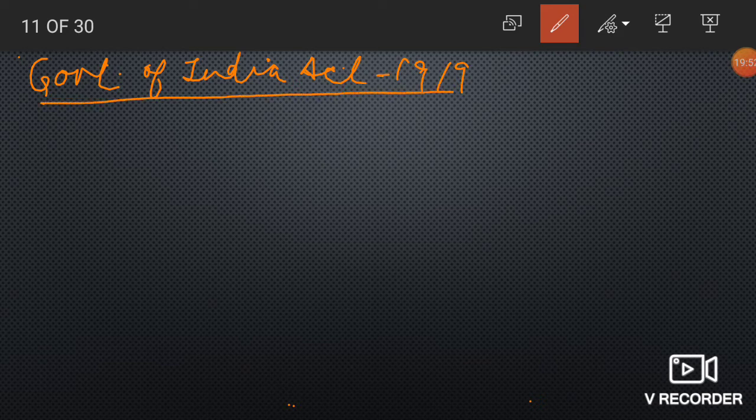We are discussing the historical background for the making of the constitution, why the leaders felt the need that there should be a constitution for the country. There were some acts in the British era that led leaders to feel the necessity of the constitution. So that was the Government of India Act 1919, that is also known as Chelmsford Reform.